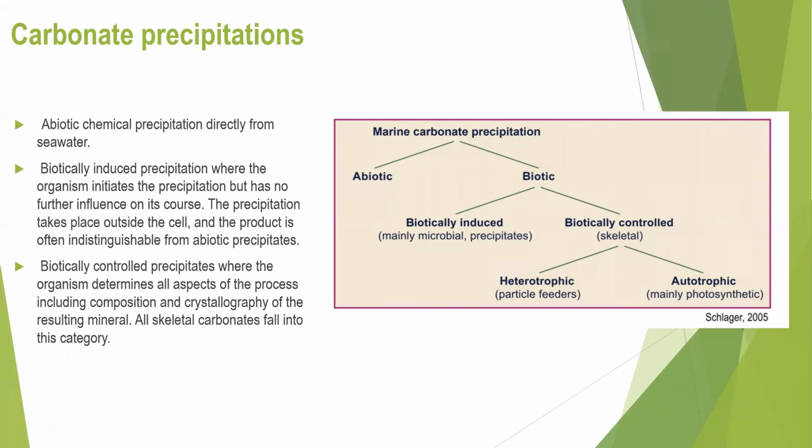Abiotic is when tropical marine surface waters are supersaturated with carbonates, and after removal of CO2 from the surface by agitation, by photosynthesis, or by warming, this type of chemical reaction permits the precipitation of carbonate in the marine system.